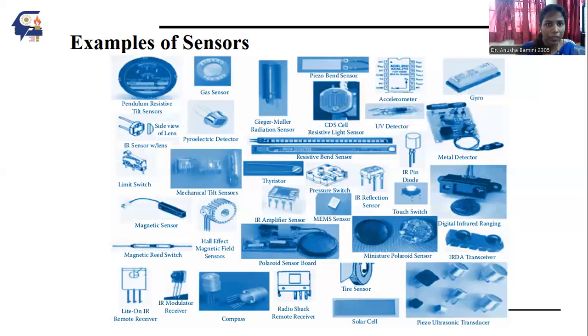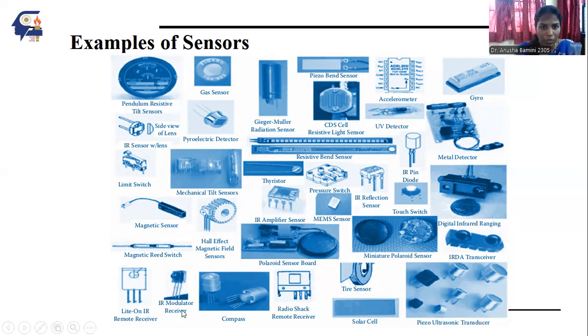Then these are some types of sensors we can use in various devices, such as the gas sensor and the piezo bend sensor. Some of these sensors we may already know if we have done IoT-related projects.